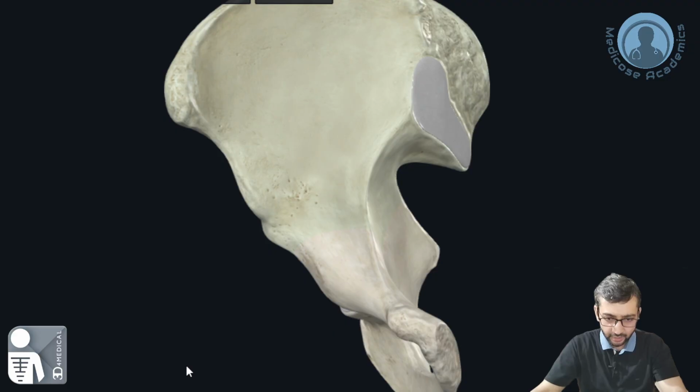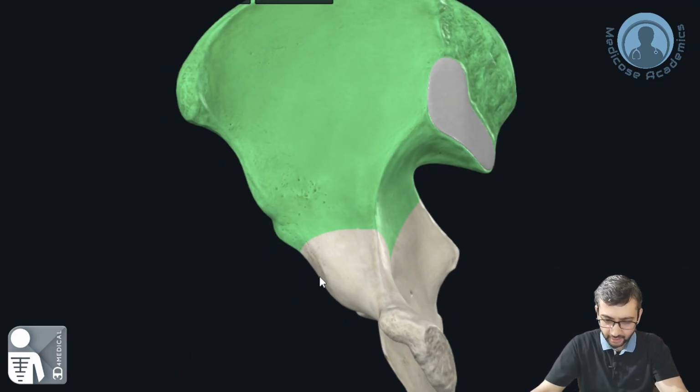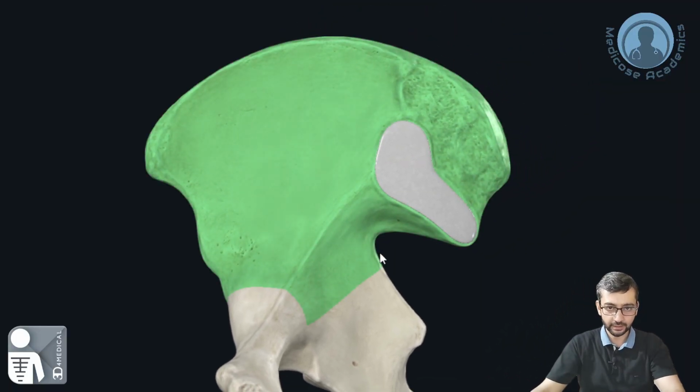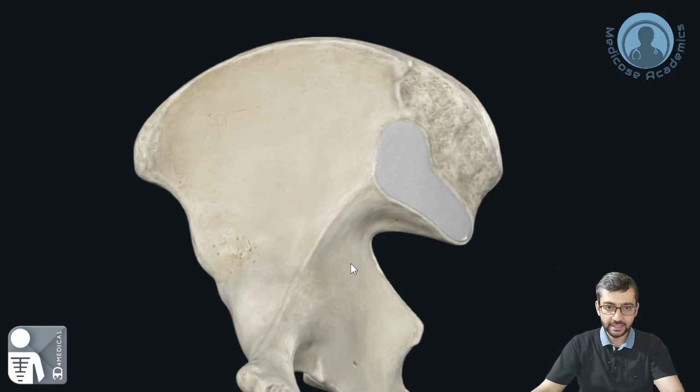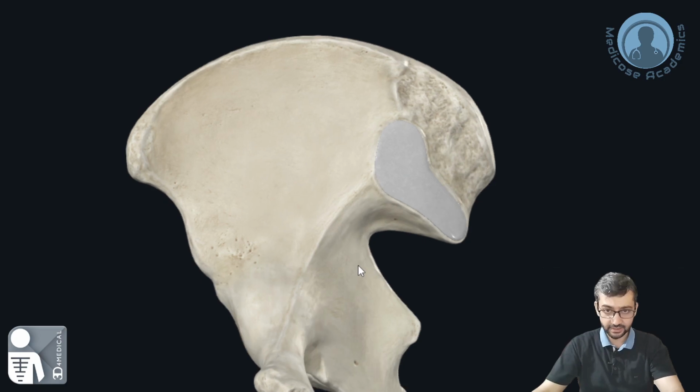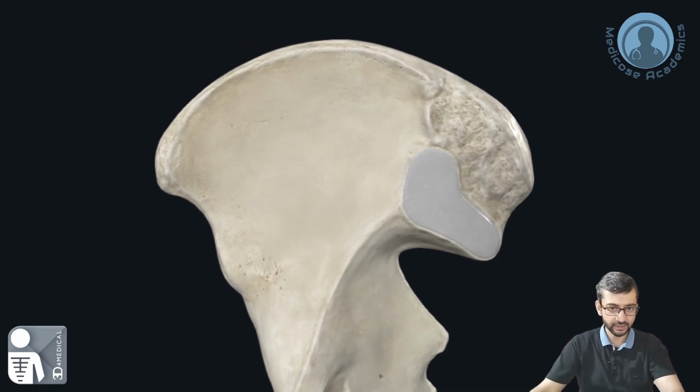However, in the front you get this raised area, the iliopubic eminence, that gives you an idea. So it has two surfaces, three surfaces rather, three borders, an iliac crest, and different things.